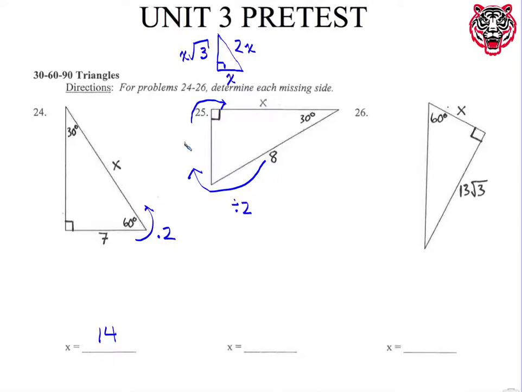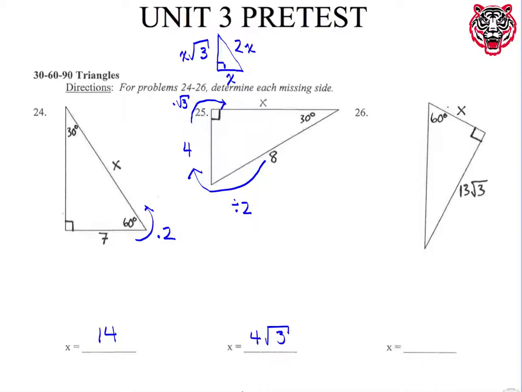So 8 divided by 2, and I get 4. So once I have that shortest leg of x, I need to get to the longest leg by multiplying by square root of 3. And my final answer is 4 radical 3, or 4 square root of 3. It's the same way of pronouncing it.